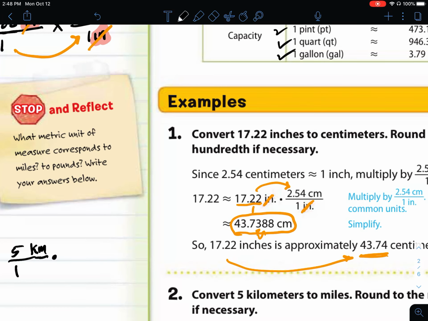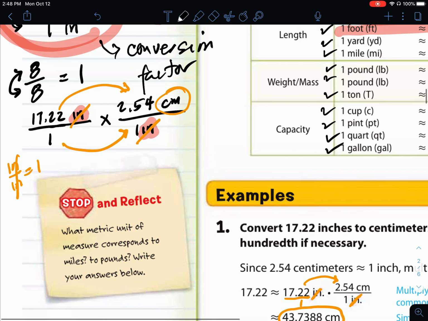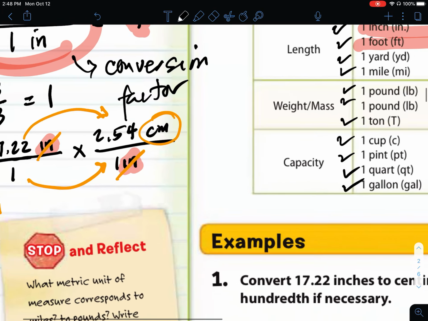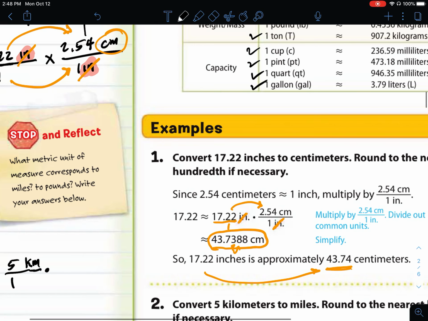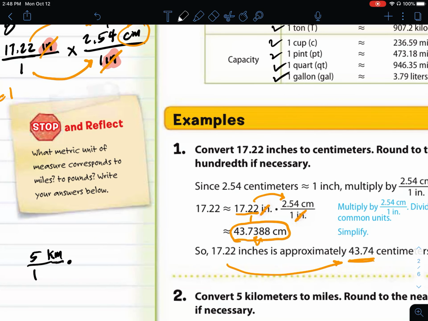Then we need to multiply this with a conversion factor. I put the dot as a multiplication. In the first problem, in example number 1, our conversion factor is 2.54 over 1 centimeters.